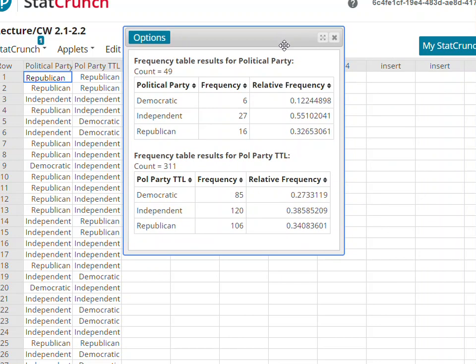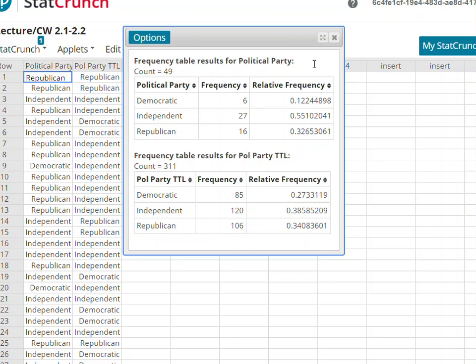So this time we still have my frequency table here. Remember, this middle column is telling me the total number of people who responded Democratic, Independent, and Republican for both the current semester and the total. But we've added a column over here called relative frequency.